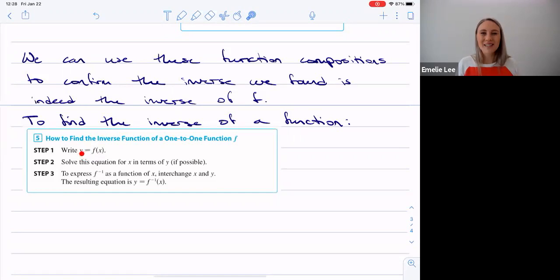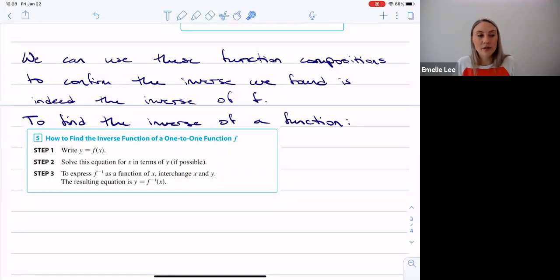And then instead of solving for y, because you already have y equals something in terms of x, what you're going to do is you're going to solve this for x in terms of y, right? So you're going to slowly solve for x. And then what you're going to do is you're going to interchange x and y, and the resulting function is the inverse function.